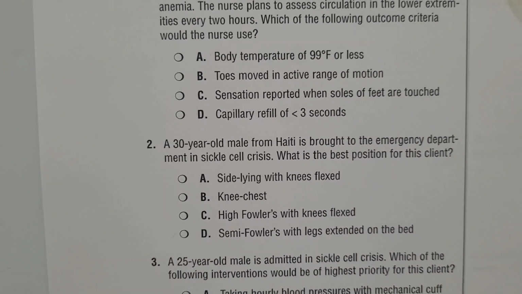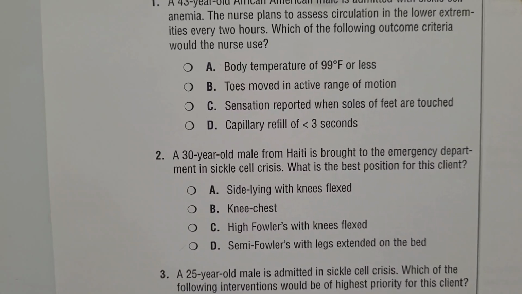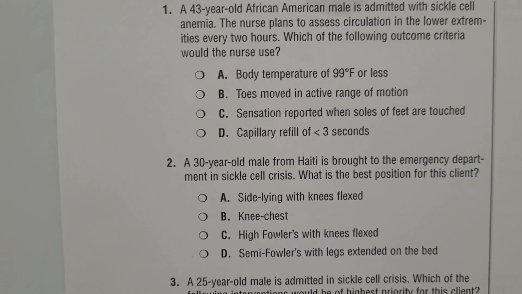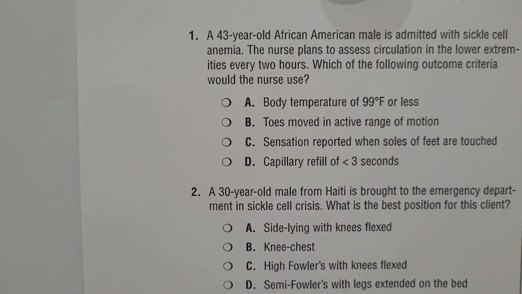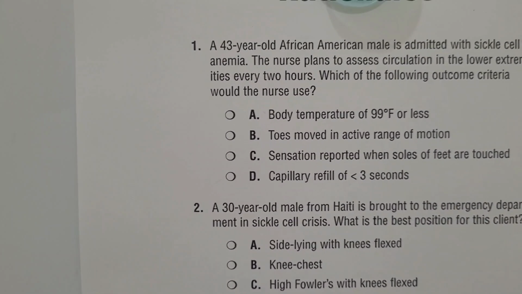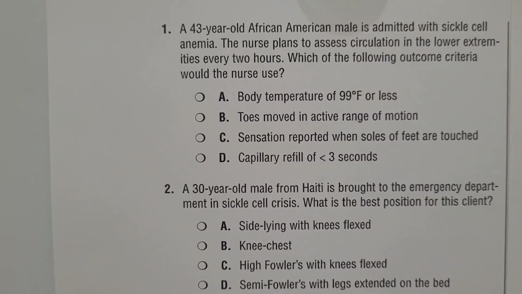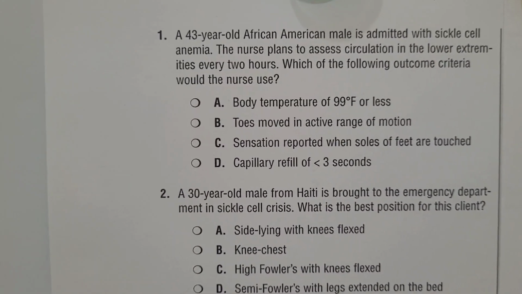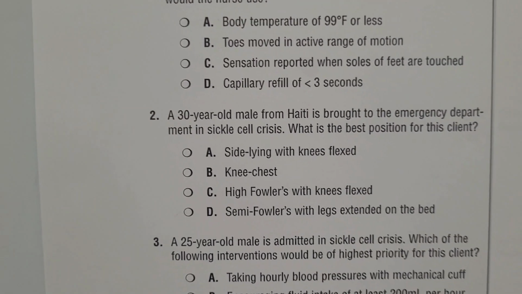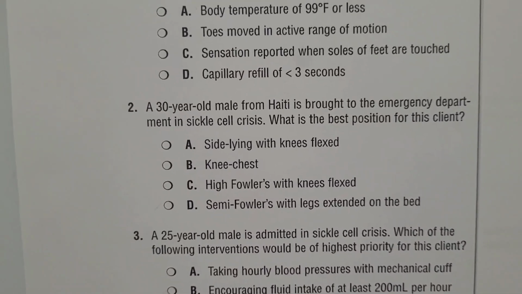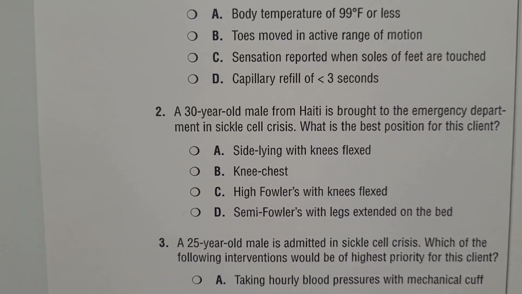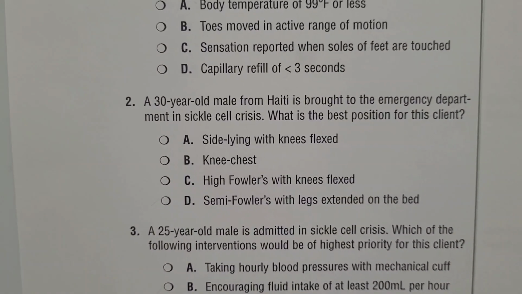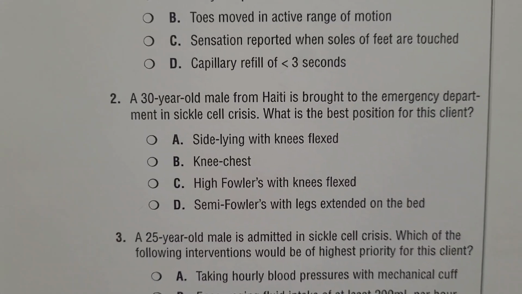This position is not good for the patient because flexion of the hips and knees, which includes the knee chest position, impairs circulation. It can make problems for the patient who has sickle cell crisis and is not correct positioning for the client. So number A, side lying with knees flexed, is not correct. Number B, knee chest, is not correct because this is also flexion.